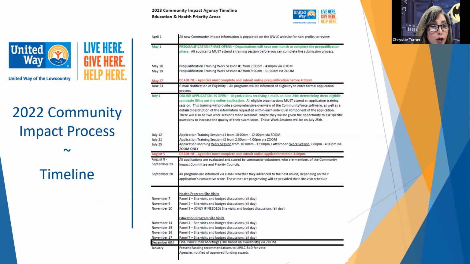We will let you know on September 28th whether you're advancing to the next round. And then right after that, we start creating the site visit schedule. So if you make it through to the application phase, and you have something that's happening then, something like a surgery that's scheduled or something like that, let us know.